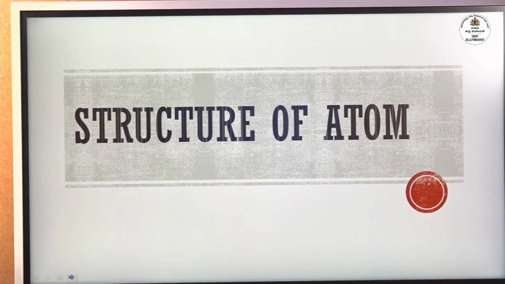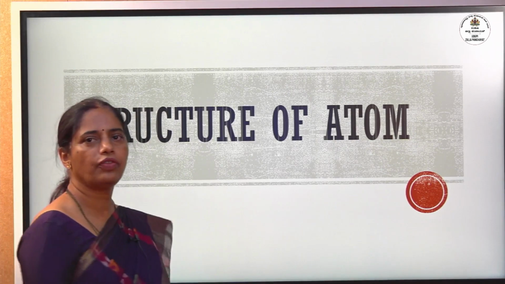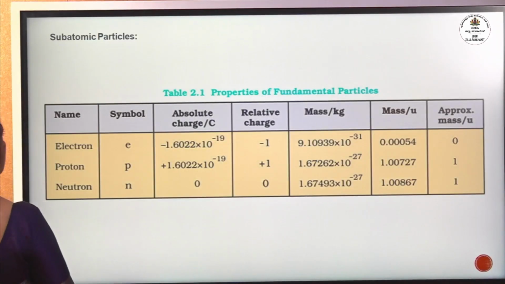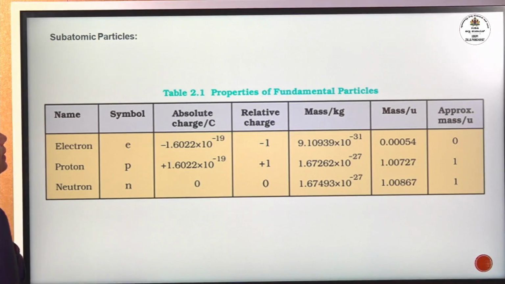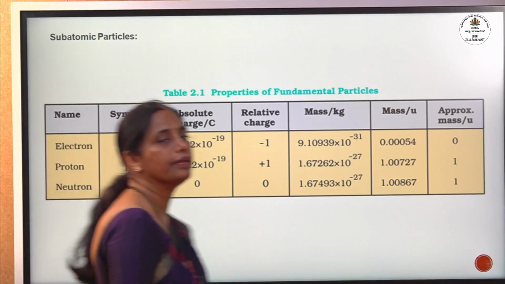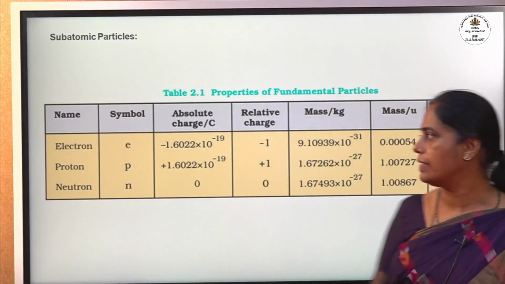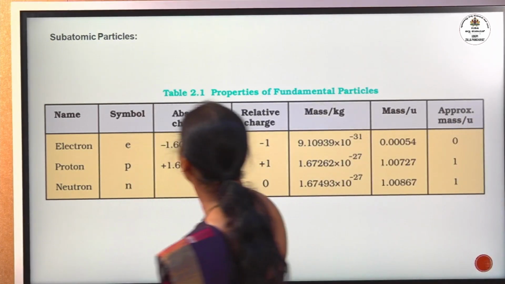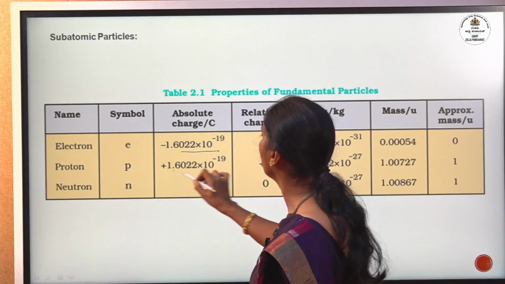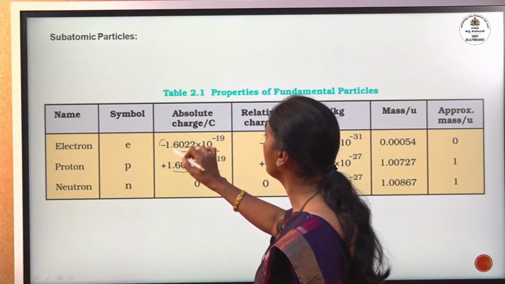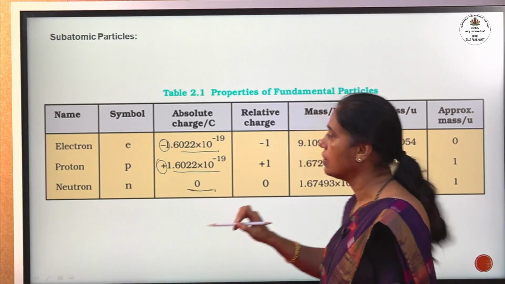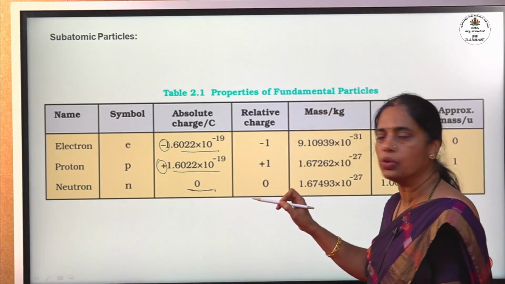We'll move on to the next chapter, structure of atom. Now, subatomic particles and their properties we will see, some fundamental particles. Electron, charge: electrons and protons have the same charge with opposite sign, and neutron has 0 charge, no charge, neutral it is.